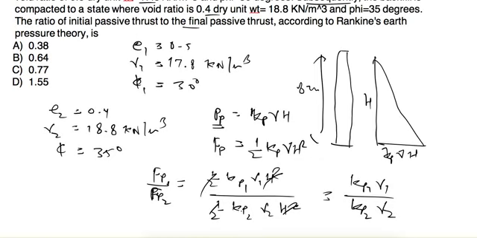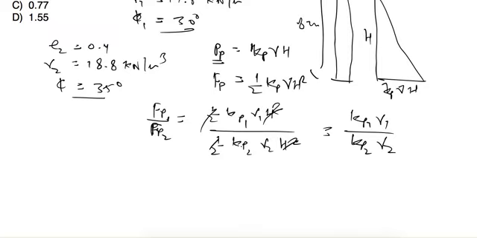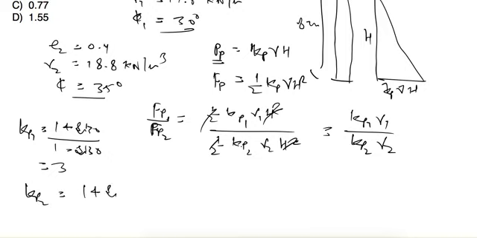Angles are given, that is 30 degree and 35 degree. So for that you can find that Kp1 is equal to 1 plus sine 30 upon 1 minus sine 30, that is equal to 3, and Kp2 is equal to 1 plus sine 35 upon 1 minus sine 35, that is equal to 3.688.